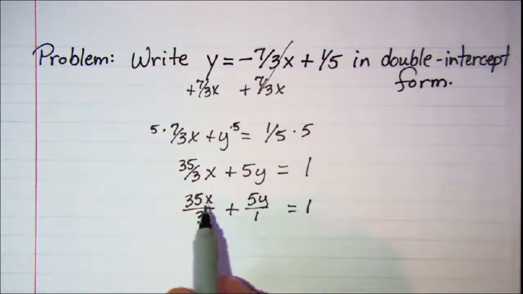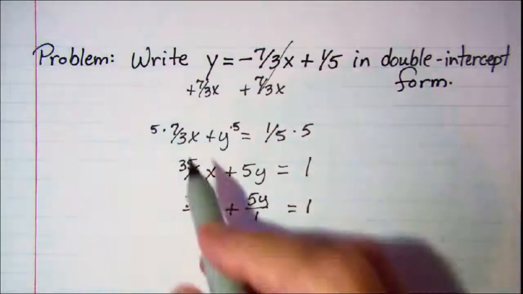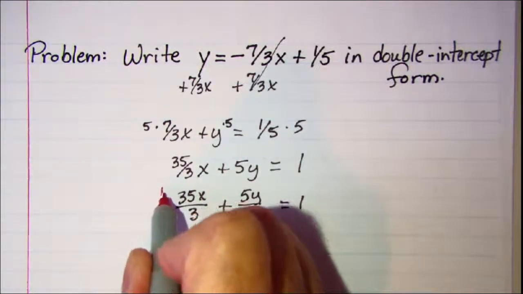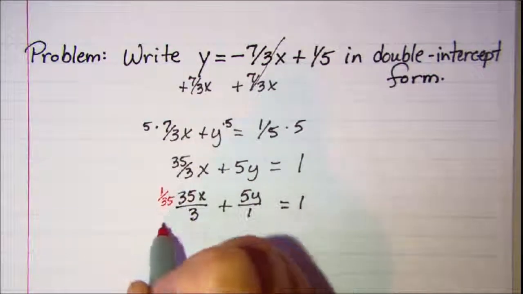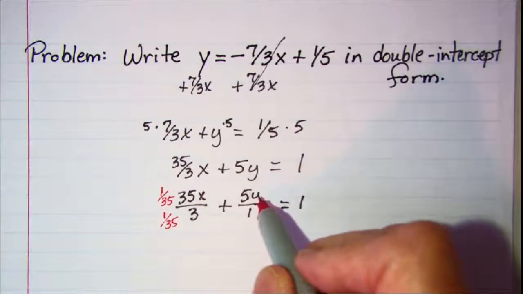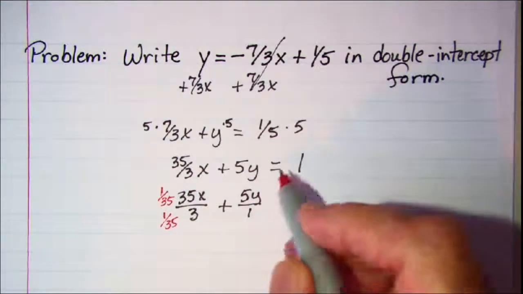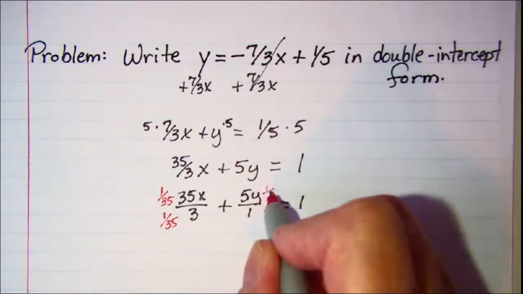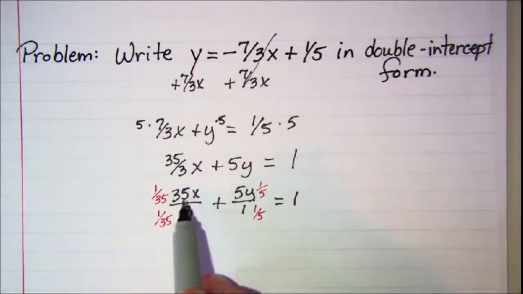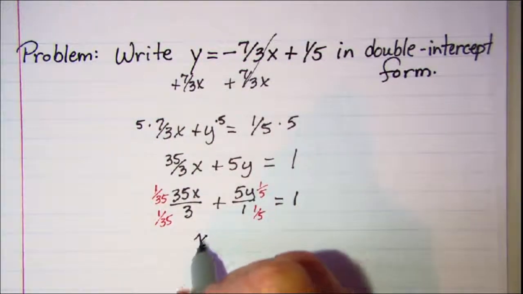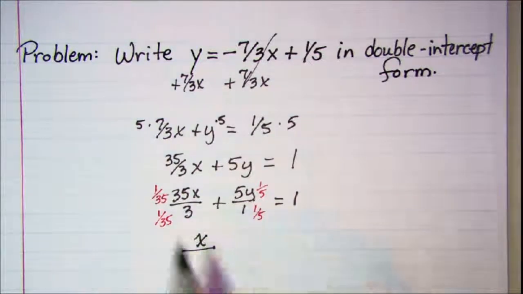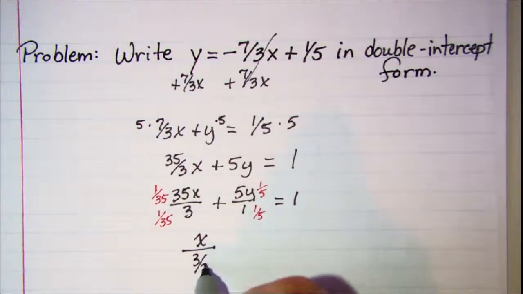Okay. So to get x by itself, I need to multiply to get rid of this 35. So I'm going to multiply top and bottom by 1/35. And then on this one, I want just y up here, so I'll multiply top and bottom by 1/5. These 35s cancel, and I end up with x over, and then when I multiply 1/35 times 3, I get 3 over 35.